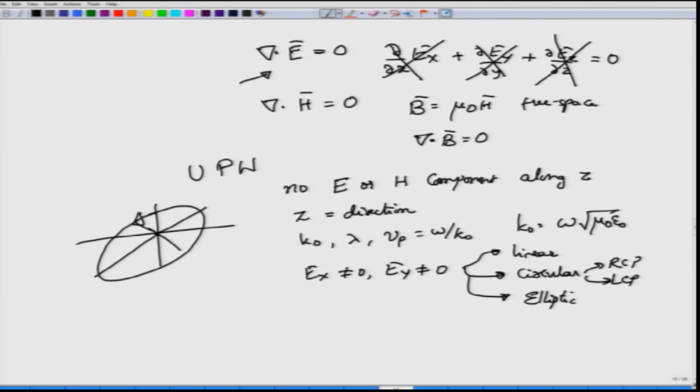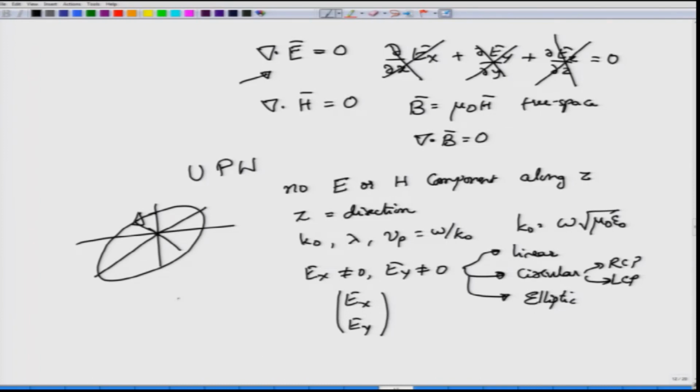And for simplicity, or for manipulation, we introduced a Jones vector in which we simply assume that both x and y components are at the same frequency. Of course, this is a necessary condition, and then we can represent Ex and Ey in terms of their complex amplitudes and call this two dimensional vector a Jones vector, which will tell us whether the wave is linearly polarized, circularly polarized, or elliptically polarized.